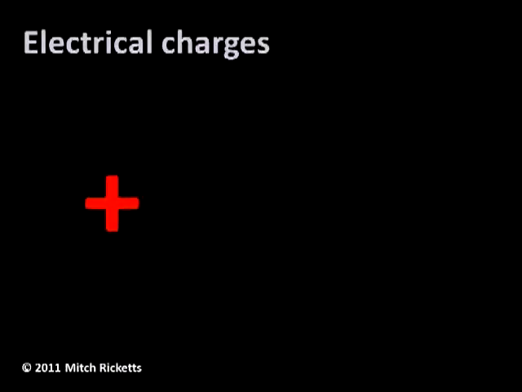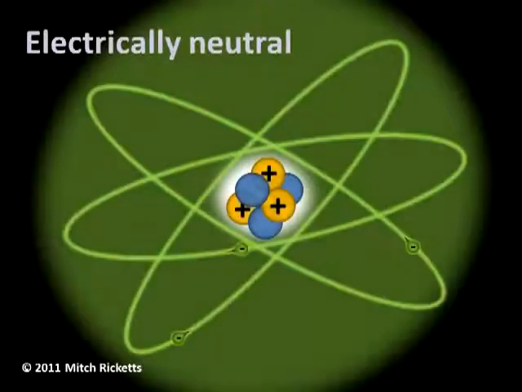For instance, an atom may have a positive charge, a negative charge, or it may be electrically neutral. In an electrically neutral atom, the number of protons in the nucleus equals the number of electrons in the outer reaches of the atom.